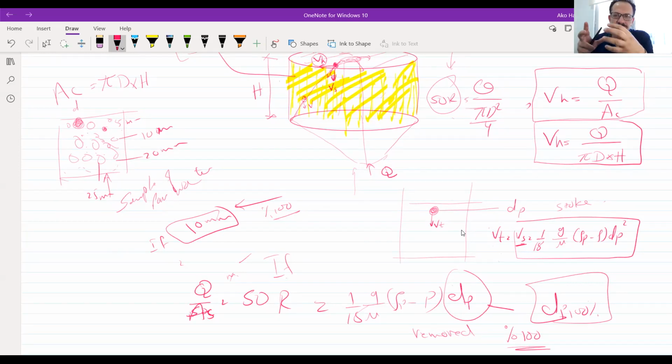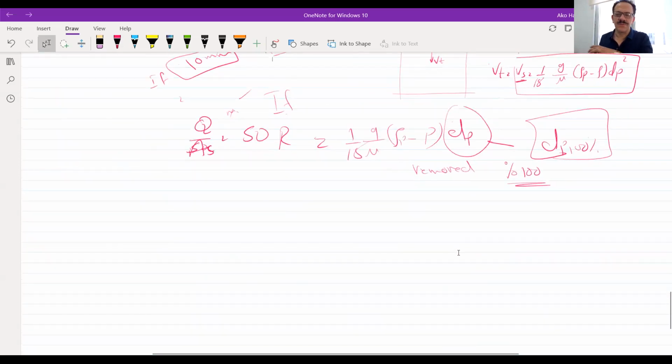For this example, if 10 millimeters was the diameter, it will make the SOR equal to the settling velocity. The settling velocity will equal the SOR, and that means it will definitely be settled. In case we have particles greater in size than that dp 100%, they will also be settled 100%.